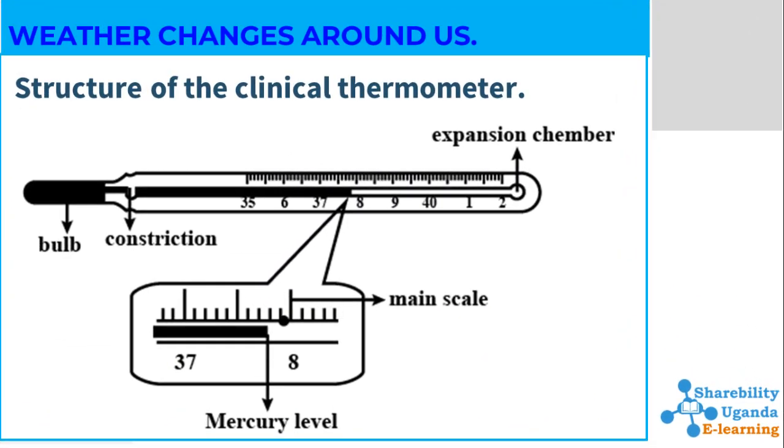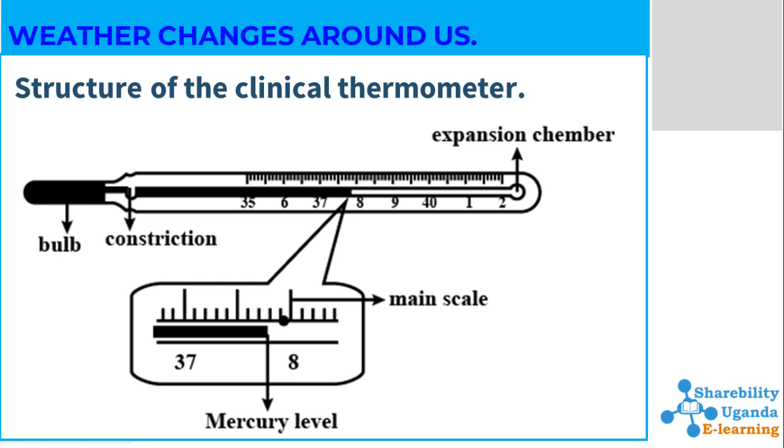In the picture below, we have the structure of the clinical thermometer. It has an expansion chamber. This helps in case the temperatures are high and the mercury has risen to the full level of the capillary tube.